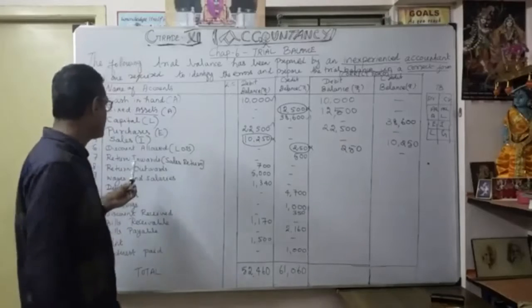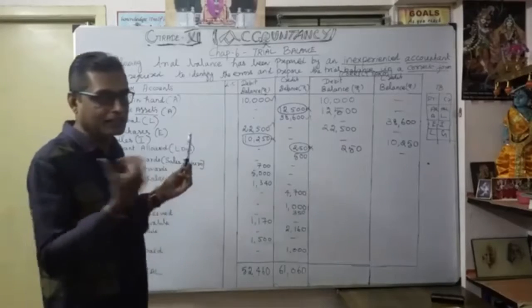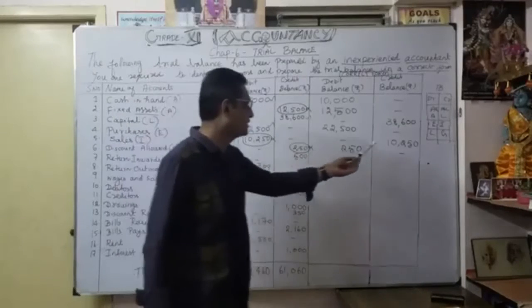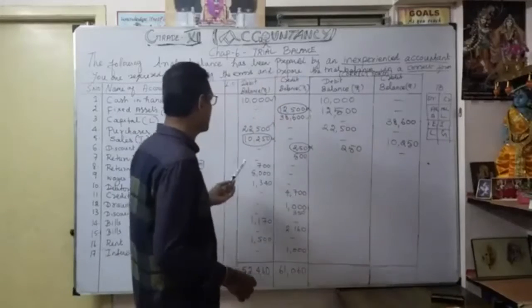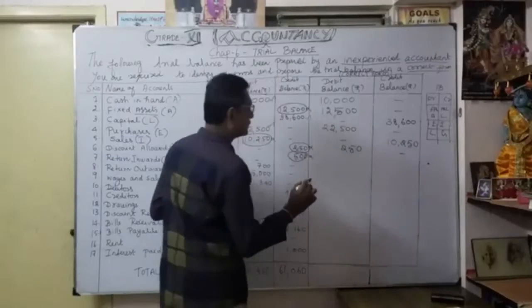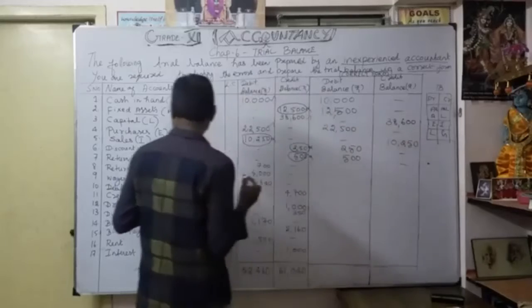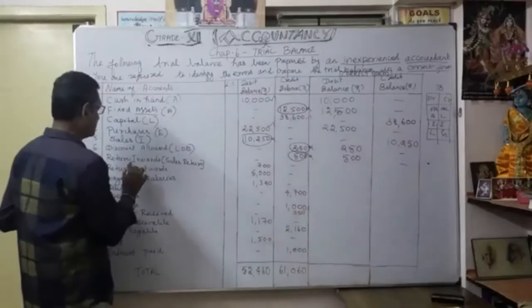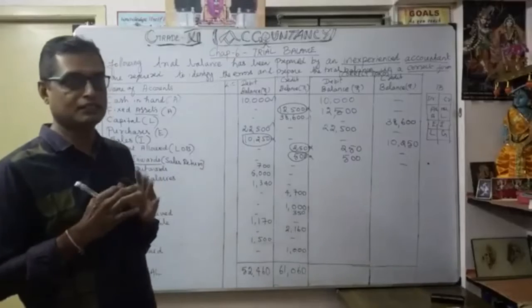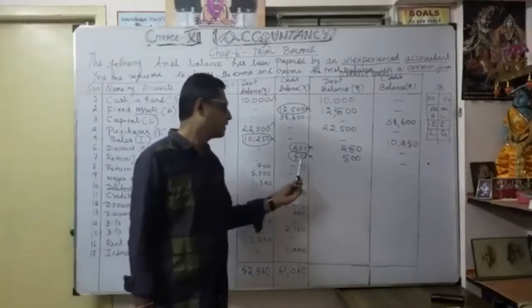Similarly, when you get back the goods, it should be shown as a debit balance. Again we got the goods. Earlier, whatever sales was a credit balance, now my sales return should be a debit balance. So this is wrong. Sales return is always a debit balance. You understood? That's why the word is very, very important. Return inwards is nothing but sales return, so sales return is always a debit balance, never a credit balance.